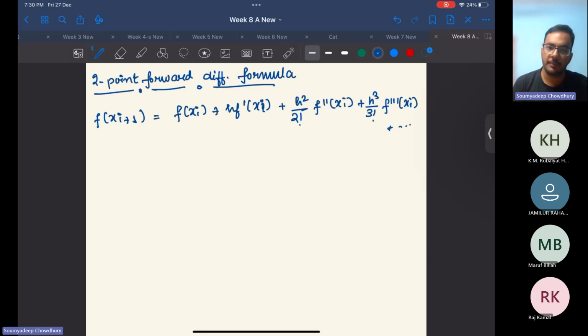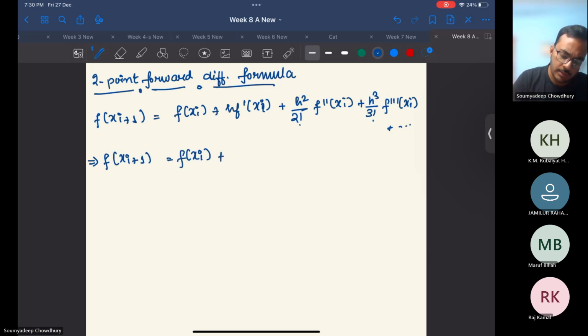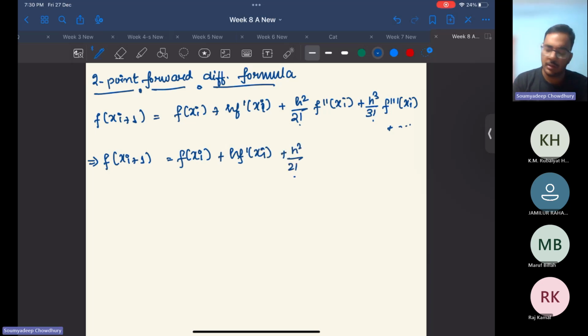So again we consider up to the second order term and we write it equals to f of xi plus h f dash xi plus h square by 2 factorial. Basically this term h square by 2 factorial f double dash xi, we write it as the error again, right? We write it as O of h square.